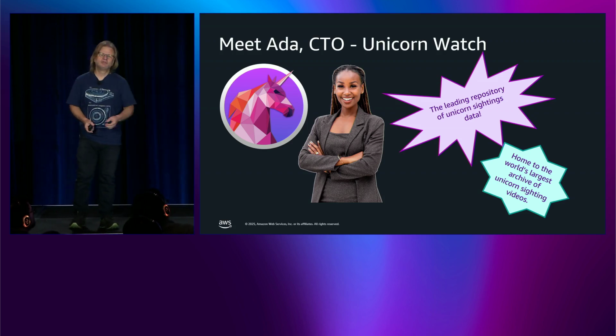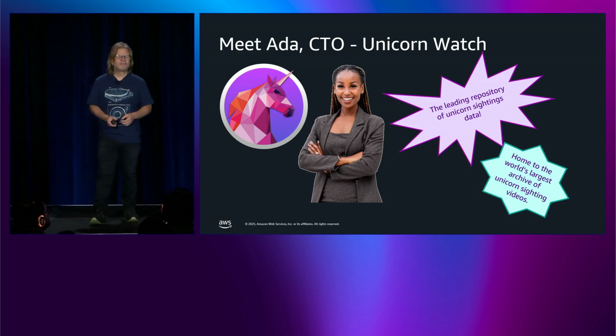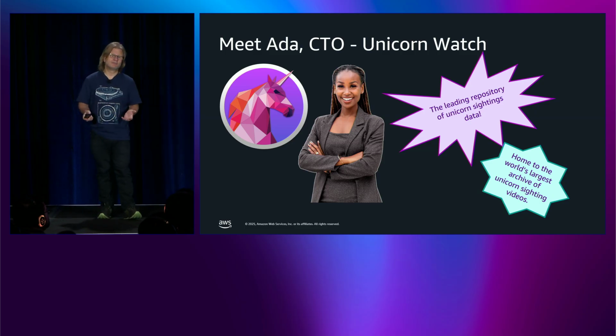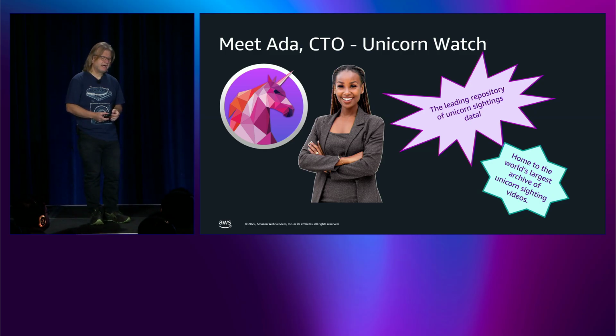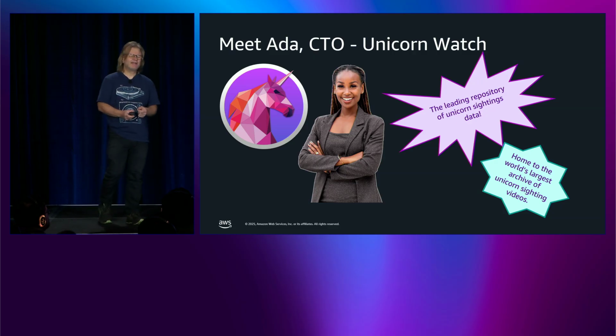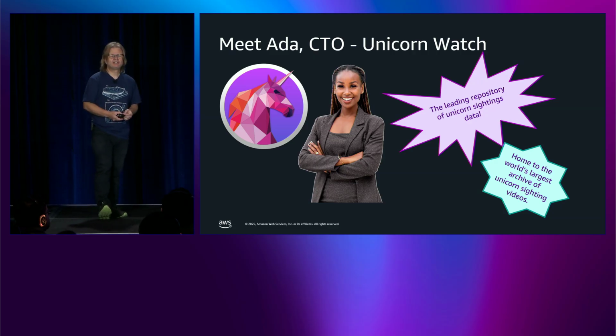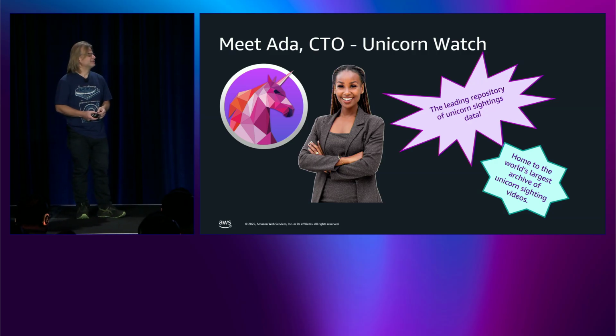It's also home to the world's largest archive of unicorn sighting videos. And when Ada heard about advanced deployments being launched, she came to us and asked whether there was anything they could benefit from using advanced deployments to speed up their delivery velocity.